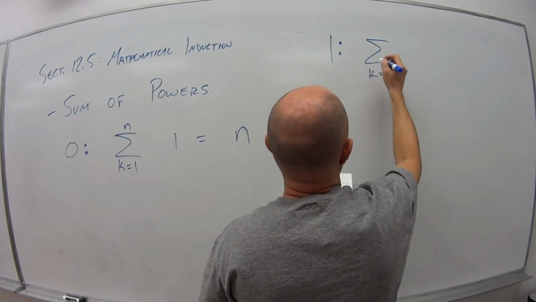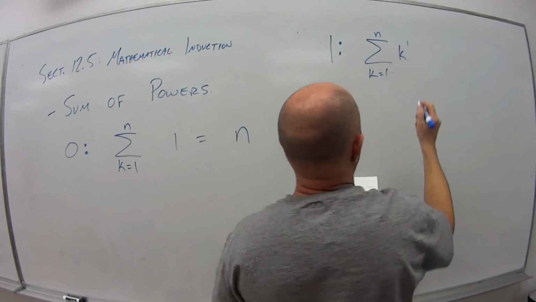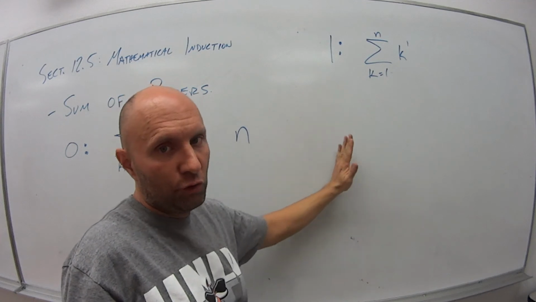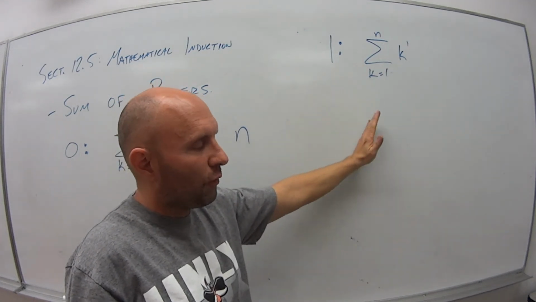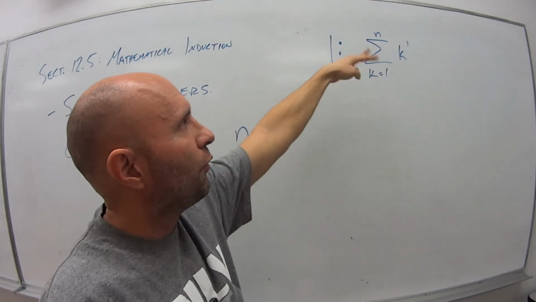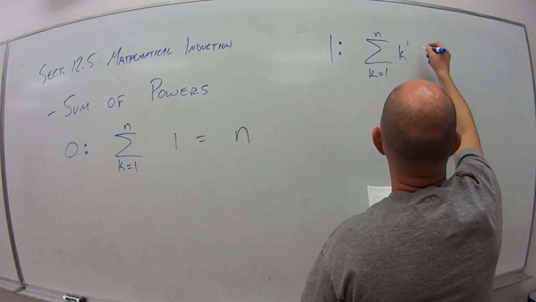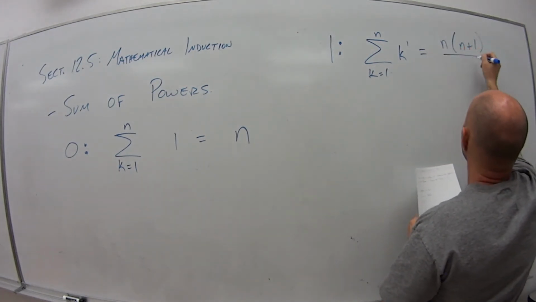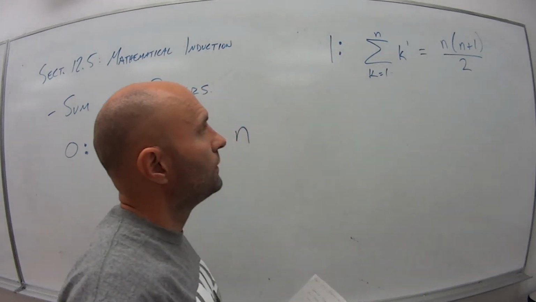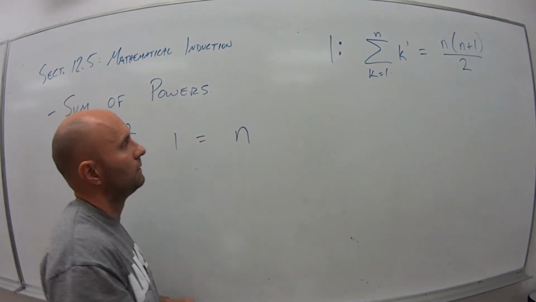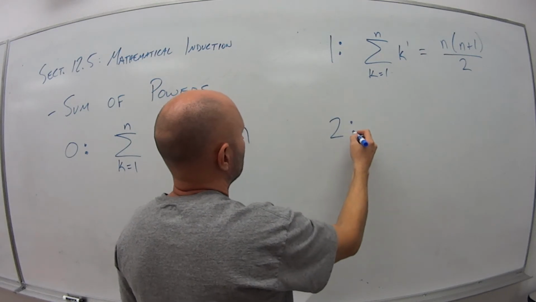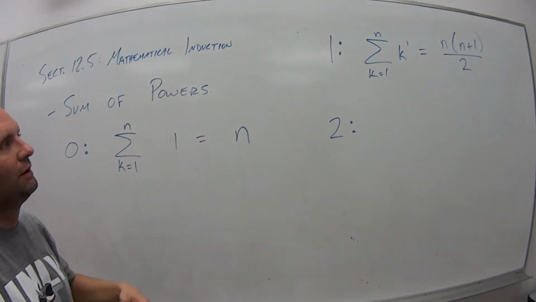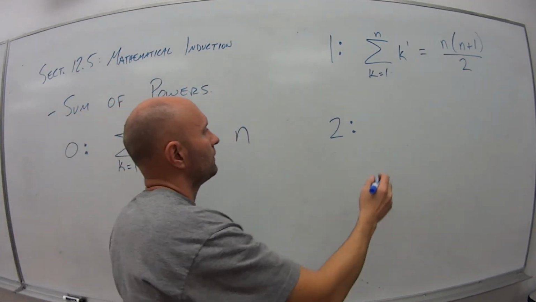So when k is equal to 1 going to n of k to the first power, that means 1 plus 2 plus 3 plus 4 plus 5, and so forth, however many n of them I have, the formula is n times n plus 1 all over 2. Again, these are the formulas you just want to write down, and if you're presented with this type of power summation, you need to recall these formulas.